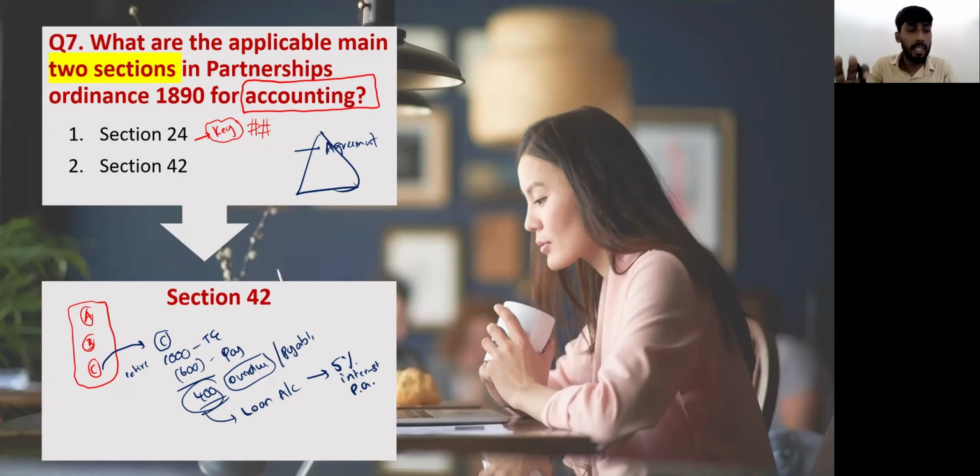If the partnership agreement says such unpaid equity of a retired partner will receive 10% interest per annum, then the partnership can pay 10% interest. Why? Because we are honoring the agreement first. So first we need to look at the partnership agreement.